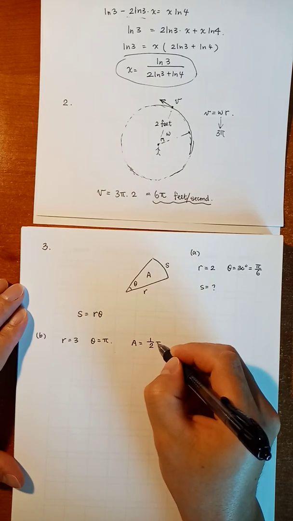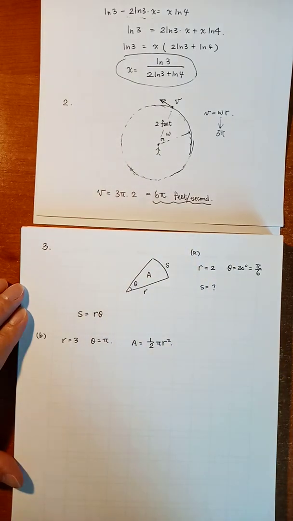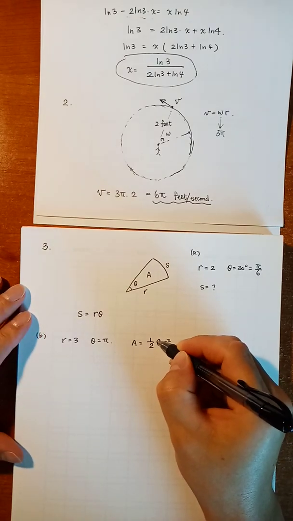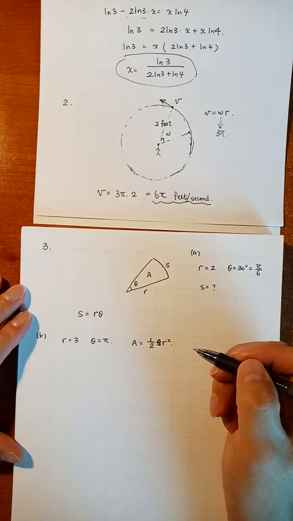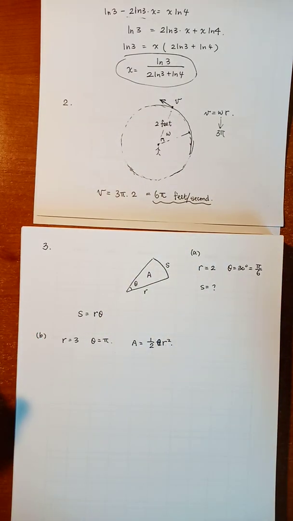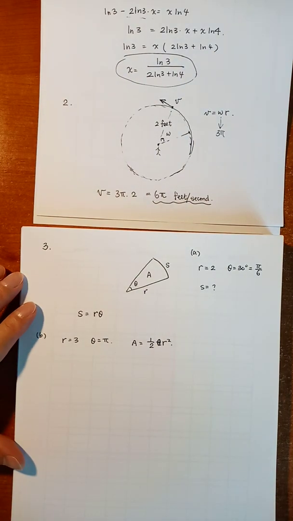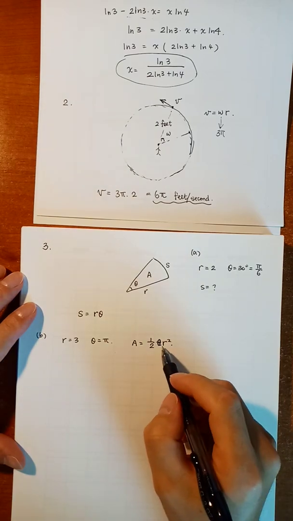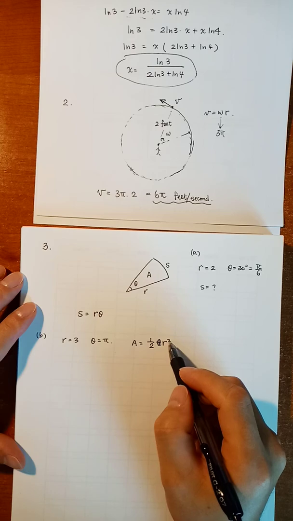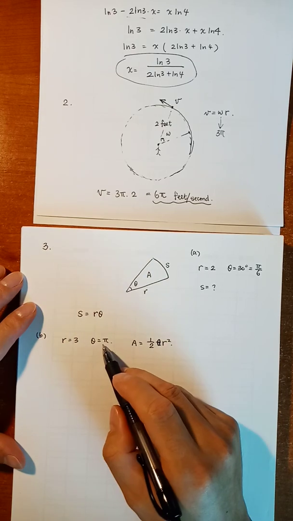Area is 1/2 theta r squared. So you see here, this angle is directly multiplied by r. So in this place, you have to use radians.